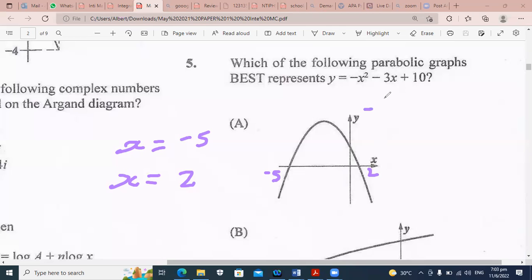So you have subtract 2 squared, subtract 3 times 2, plus 10. So that's -4, still negative, plus 3 times 2 is 6, plus 10. Hold on here. Something is not adding up. Oh, guess what? I'm using the wrong equation.